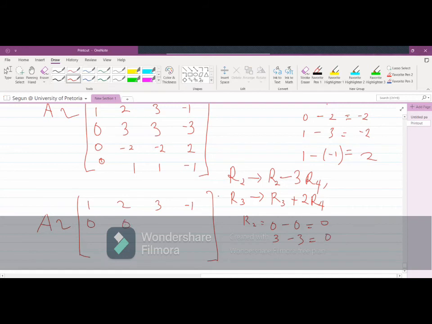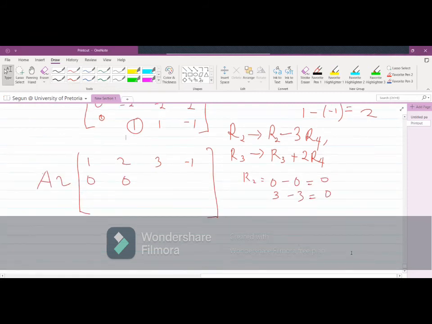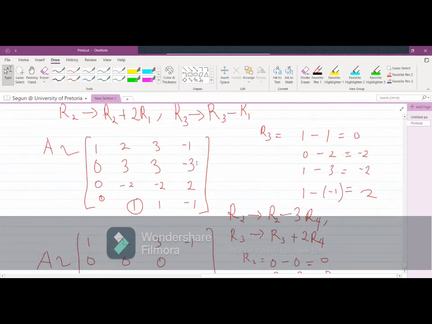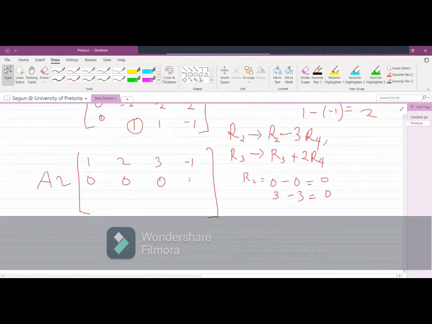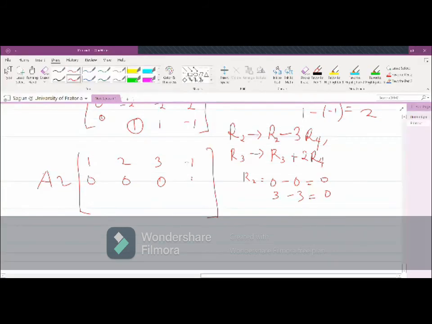You know where we got the 3. Remember, this one is multiplied by 3. So that's why we got the 3. So the next one will be 3 minus 3, 0. 3 minus 3 again, 0. Then the last one will be minus 3 plus 3, which is 0. So 0, 0, 0, 0. Yes.